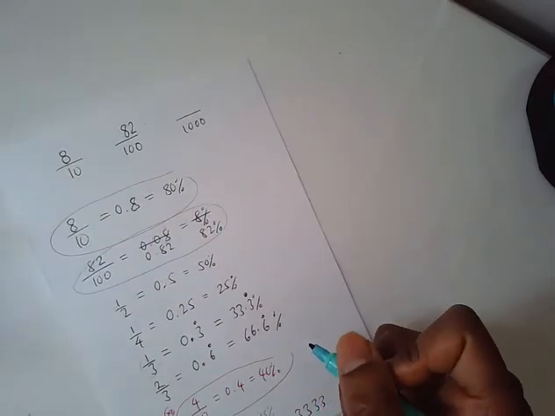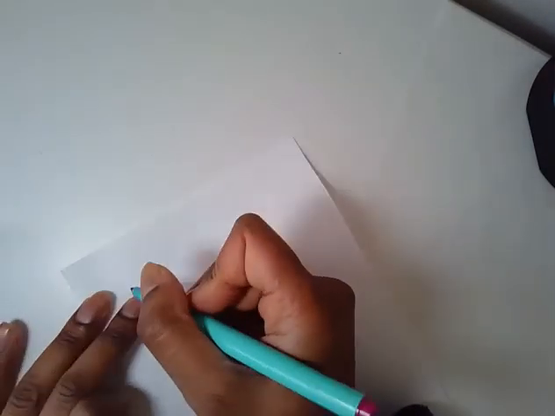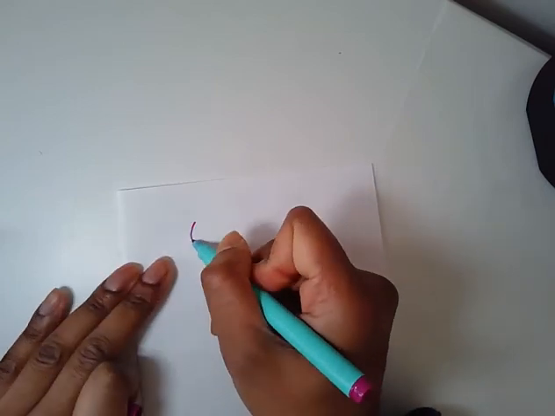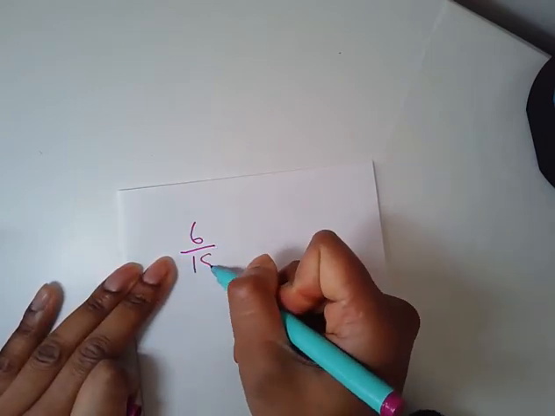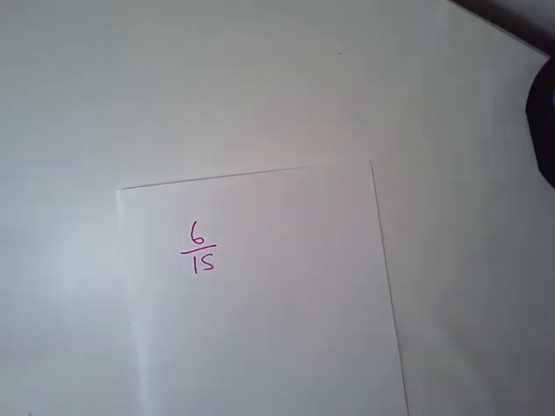Let's try something a bit more challenging. Suppose we have 6 over 15 and I want to change that to a decimal, percentage, etc. So what do I do?